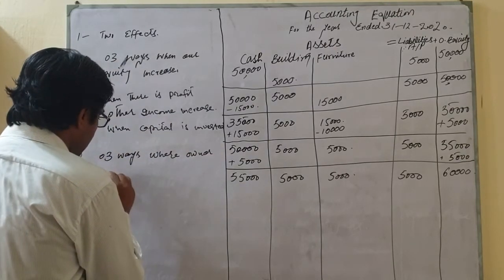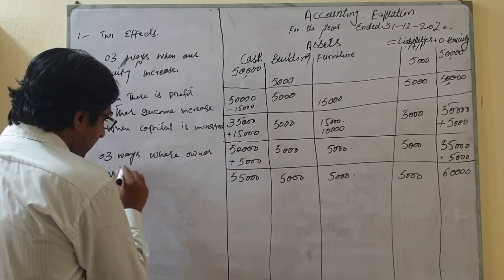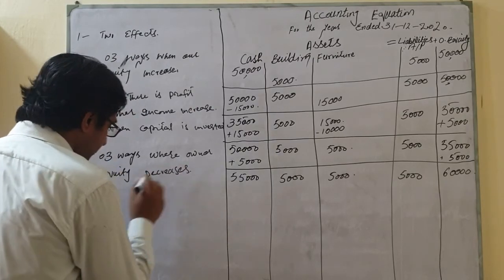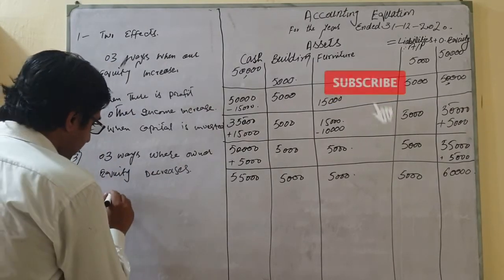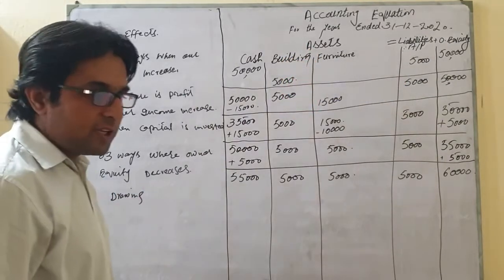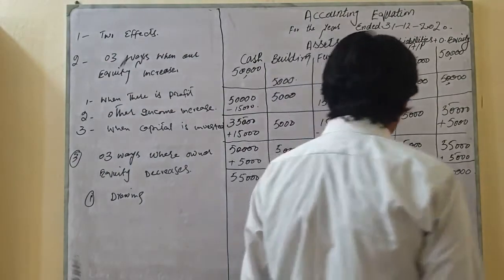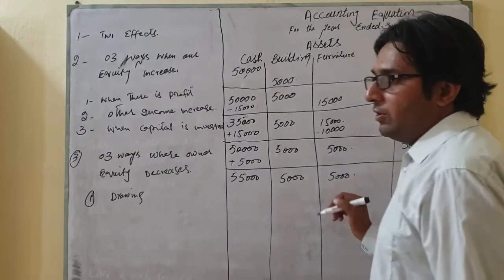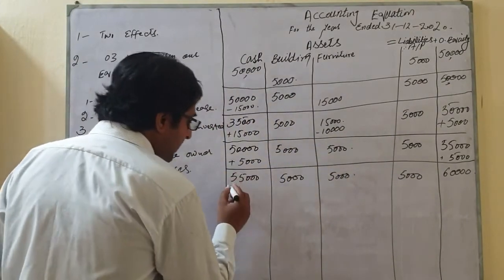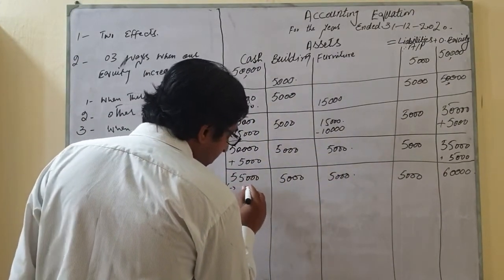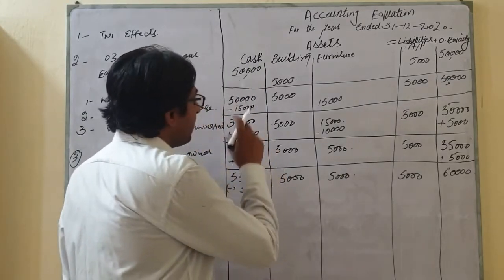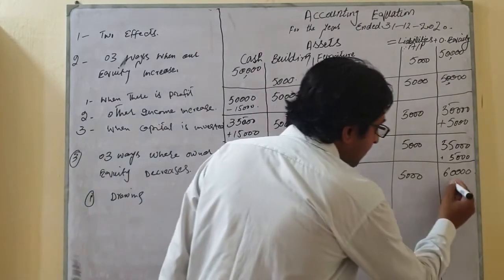Where owner equity decreases. Number one, in case of drawing, if owner uses the goods or cash of business for personal use, definitely owner equity will decrease. For example, owner withdrew $5,000 for his personal use, then our cash will decrease $5,000.